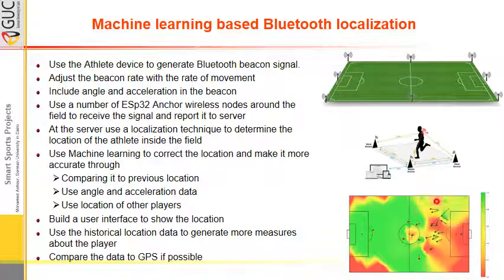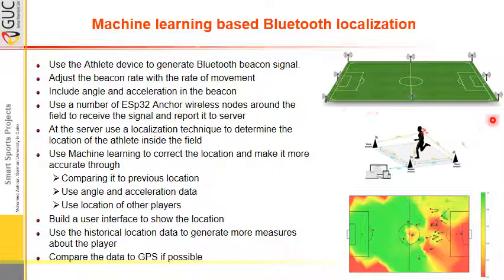So we can see on this map how players are currently moving and the speed by which each player is moving. Again, machine learning can be used to provide an accurate description of this. And in this case, it is required to build a simple user interface that could be built using Python Qt to show something like this.